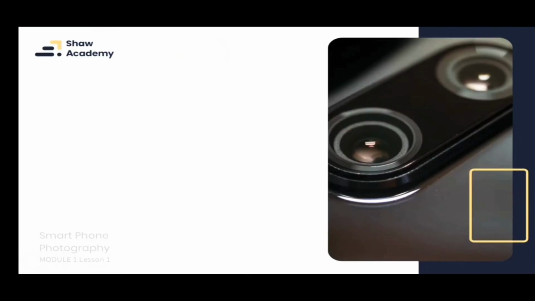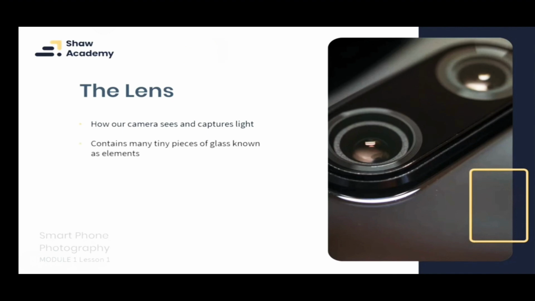Now, looking at the second essential component to our cameras is, of course, the lens. This is how our cameras see, therefore how we see, and this is what captures the light. It contains many tiny pieces of glass known as elements.